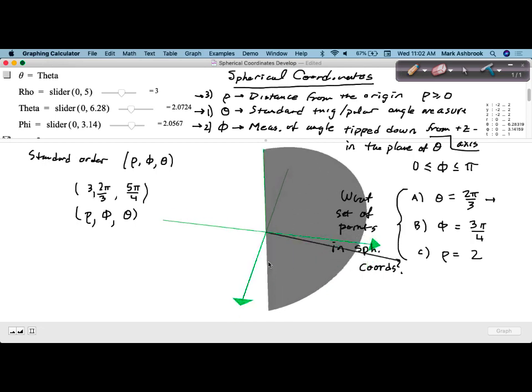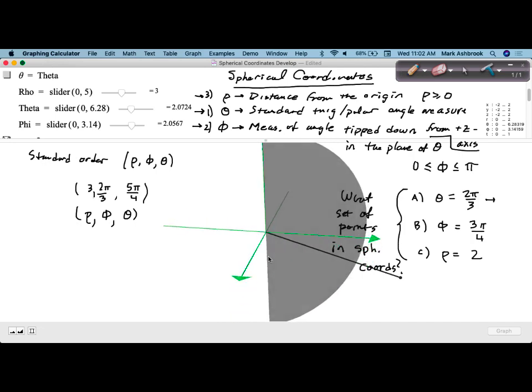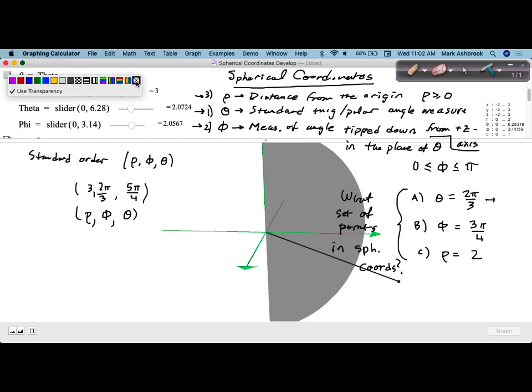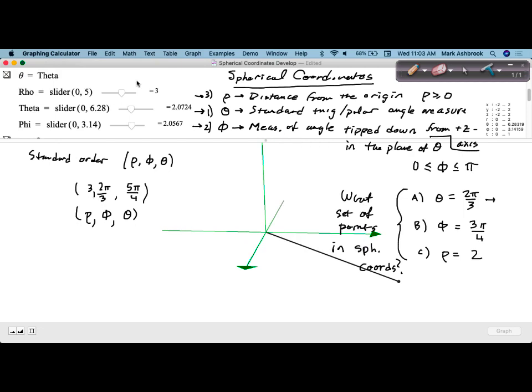Okay, what about phi is 3 pi over 4? Anna, did you get that? So phi is 3 pi over 4, so it doesn't relate to theta anymore.